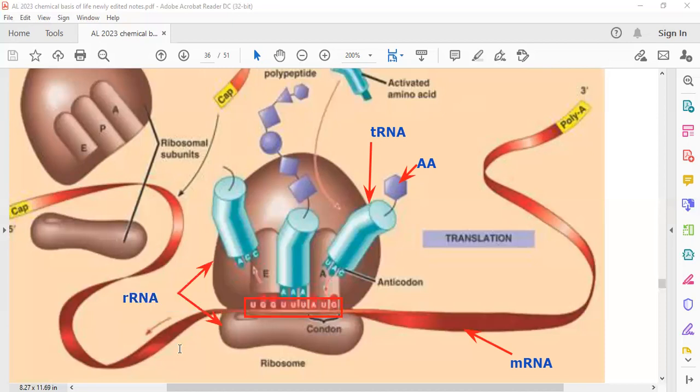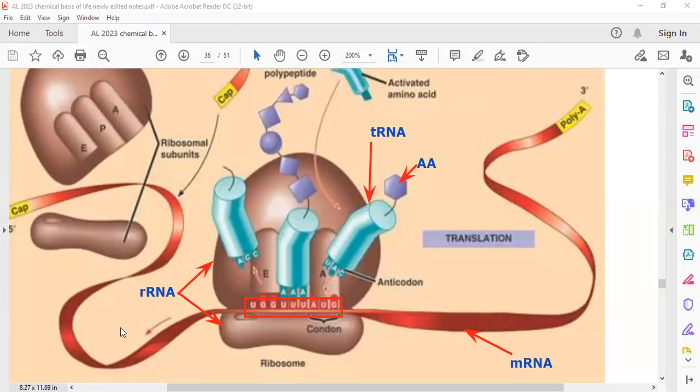So you can see here all the three RNA are meeting in this place. One side mRNA, one side tRNA, one side rRNA. All of them are meeting together here. Here, mRNA brings the nitrogen base sequence.